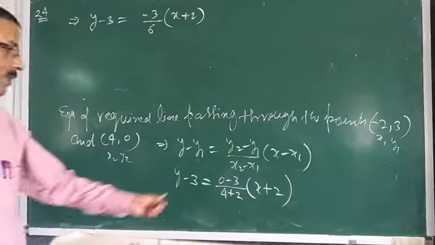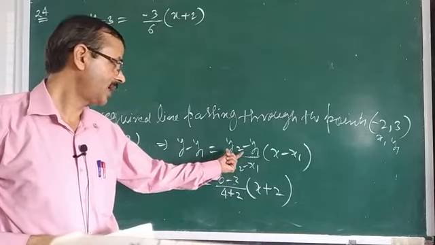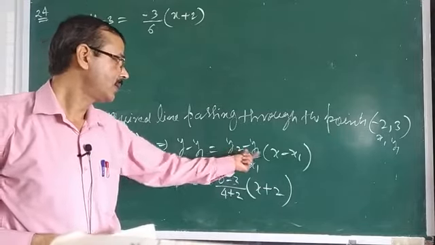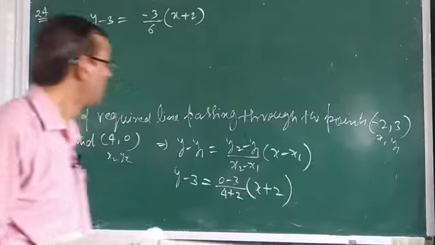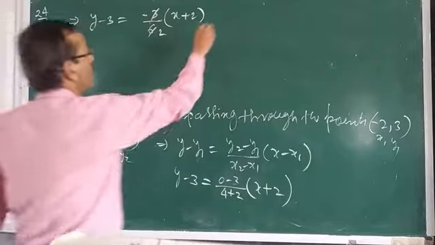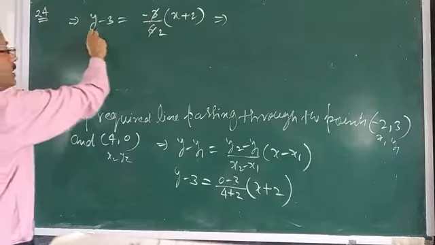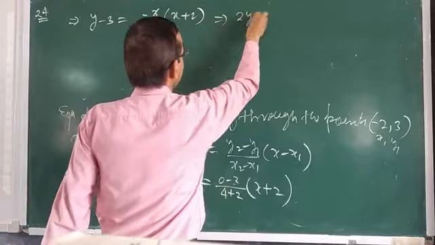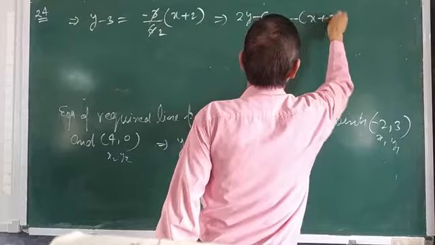How did minus 3 come? 0 minus 3. How did 0 minus 3 come? I already explained that: y2 minus y1, y2 here is 0 and y1 is 3. This 2 brought here, that will be 2y minus 6 is equal to minus (x plus 2).